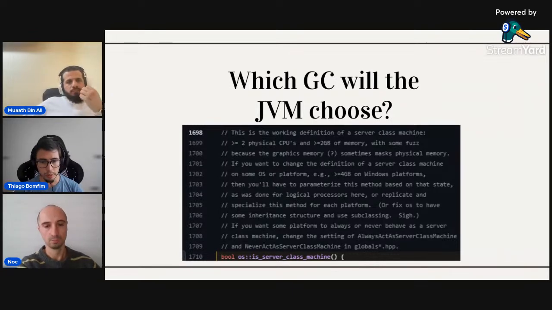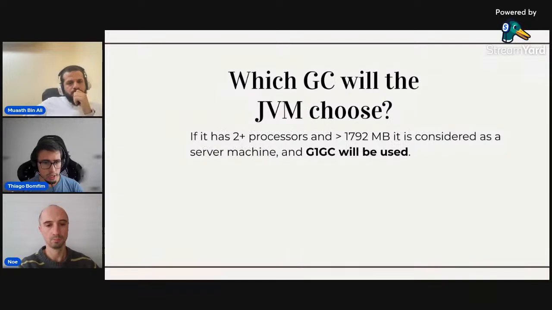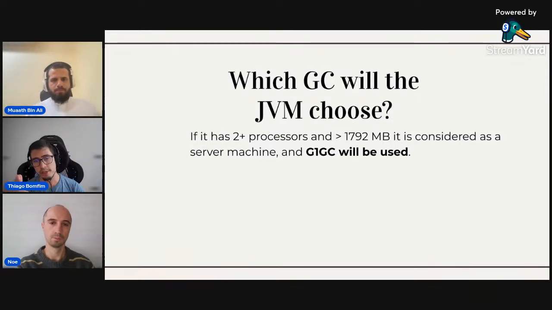But let's go deeper into the details. If it has 2 processors and more than 1792 megabytes, it is considered a server machine, and G1GC will be used.